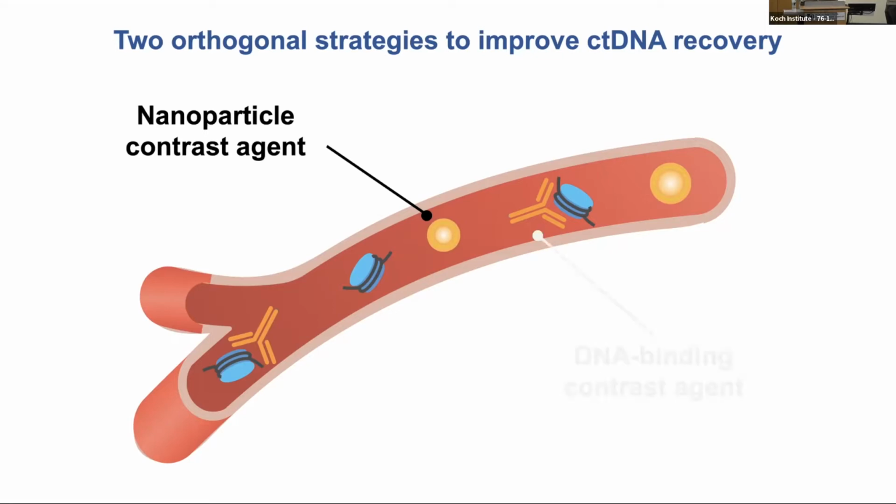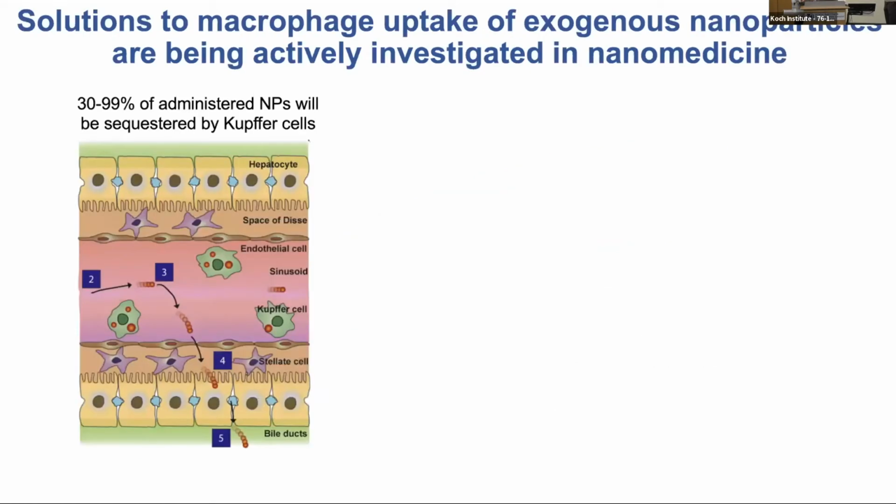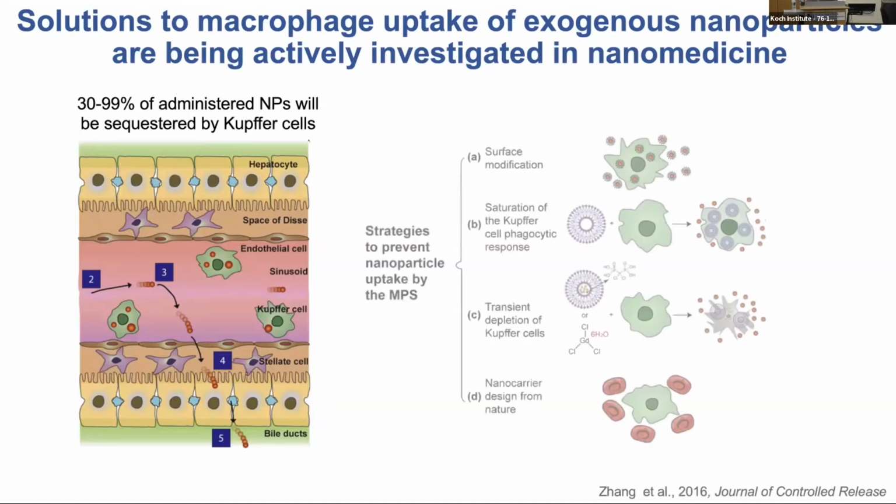So starting with our nanoparticle contrast agent, to develop this agent, we took inspiration from the field of nanomedicine, where macrophage uptake has been a delivery challenge for decades. As we're all aware, when we inject any nanoparticle into the body, a large fraction will be sequestered in the liver. And there have really been a whole host of approaches to try to mitigate this phenomenon.